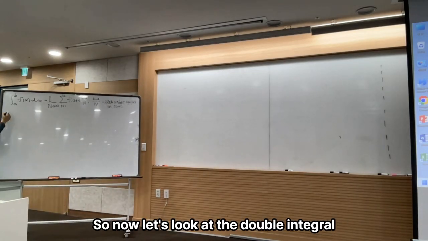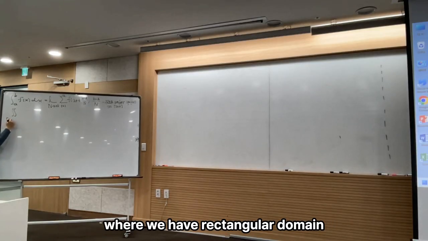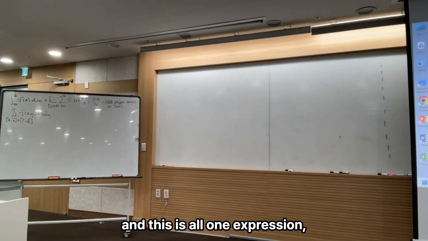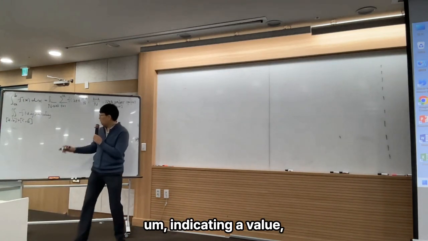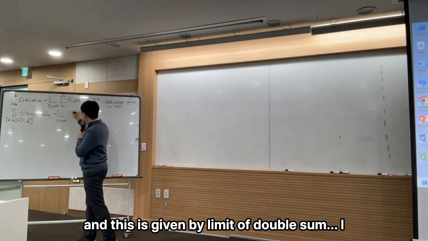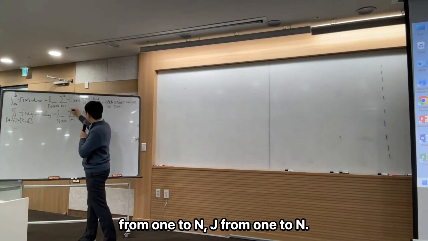Now let's look at the double integral. We have a rectangular domain and a two-variable function. This expression indicates a value, and it is given by the limit of the double sum, i from 1 to n and j from 1 to n.